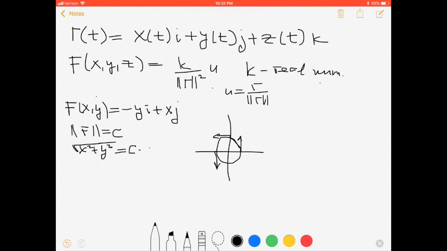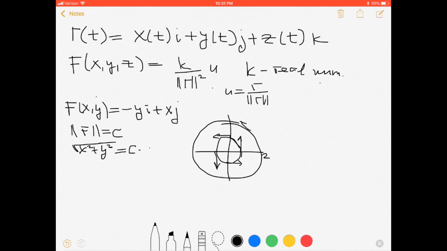And if you have the point (0, -1), you have i. Now take a circle with a different radius. For example, this is radius 1. If it's radius 2, the length of the vector will be 2 units.